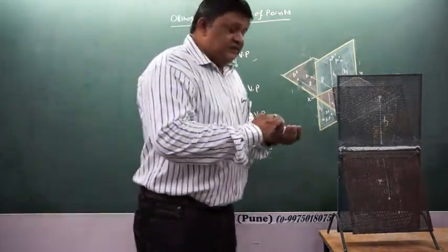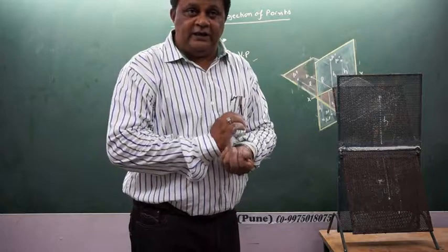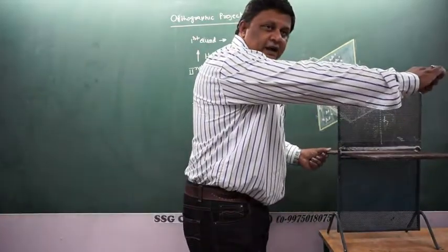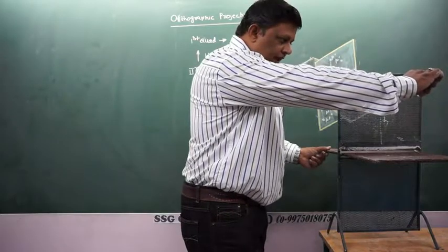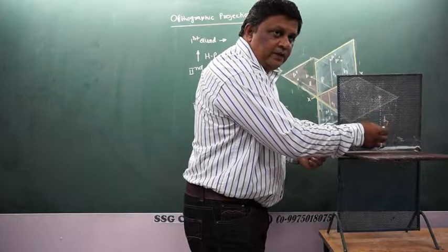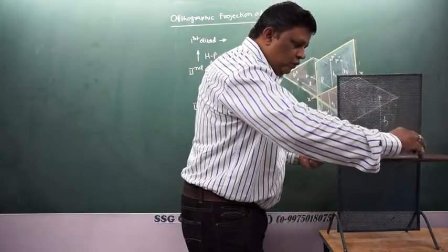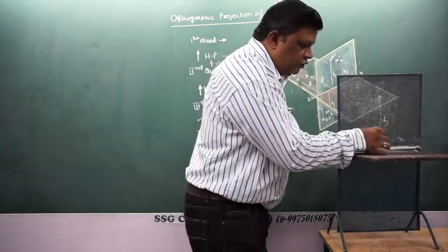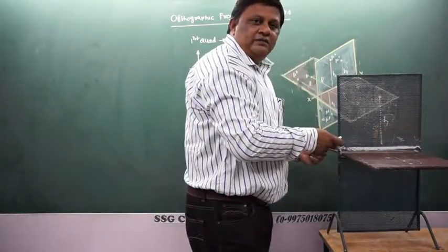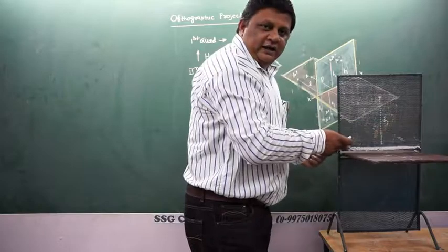Now let's see what happens if this point slides down. That is, this was the height I was having. If I keep on bringing it down, what is happening? The front view is also coming down. And finally, when it goes into the HP, where will the front view go? On XY line or not? Will it be coming on XY line or not?